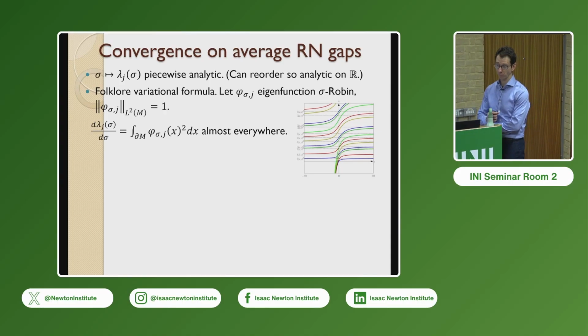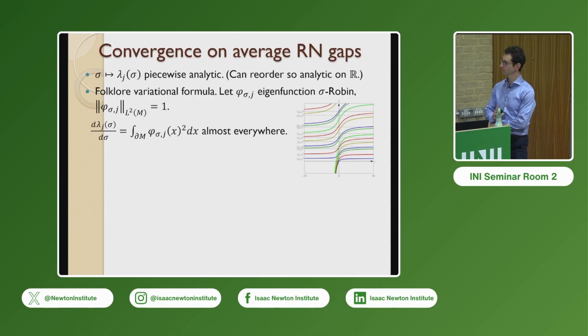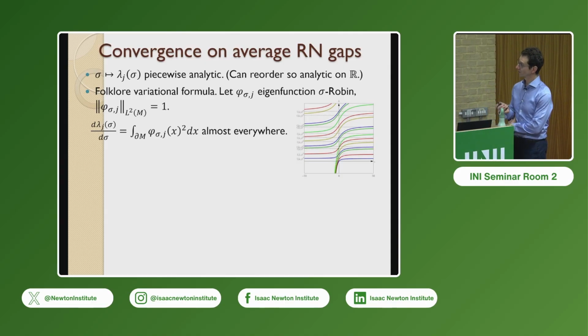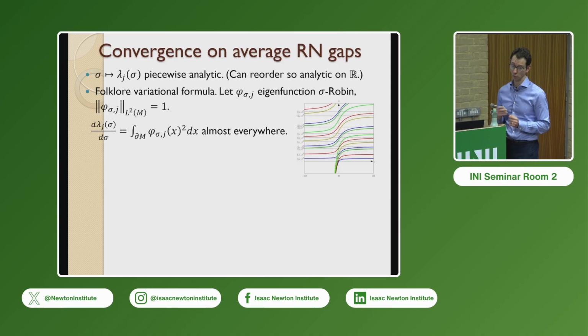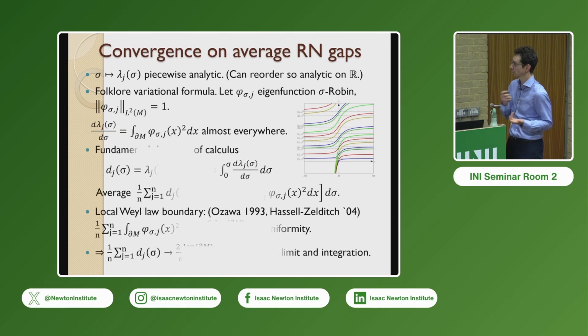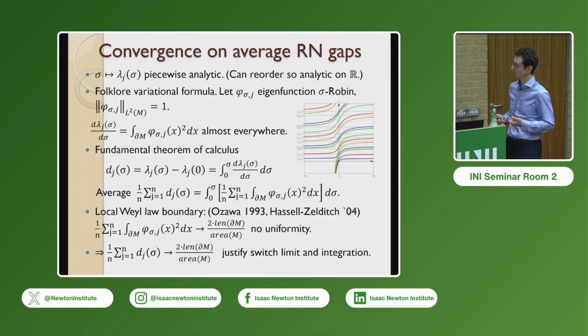The variational formula for the derivative of lambda j, this is an analytic branch of eigenvalues as a function of sigma. So the derivative equals the integral on the boundary of the corresponding eigenfunction, save for those bifurcation points. In bifurcation points, there is ambiguity. But these are discrete. And then we can apply the fundamental theorem of calculus.